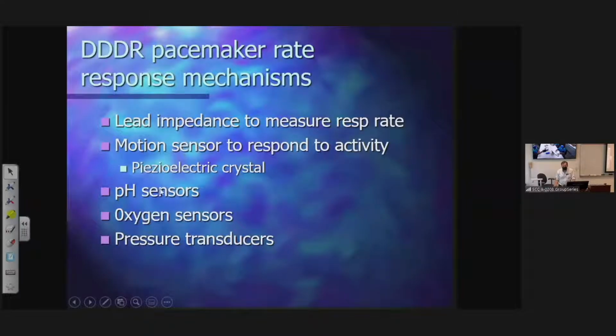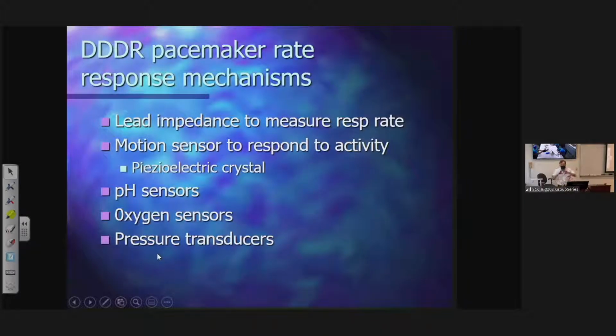Okay. They also can use pH sensors as a sign of exercise. You start exercising, your CO2 goes up and your pH will go down to the acidic, but those aren't as easy to manage as just the simple flex of a piezoelectric transducer. They also have tried pressure transducers for pacemakers, but your body tries to seal them over with a layer of endothelium, and then it basically blocks the sensors, so they don't work very well.